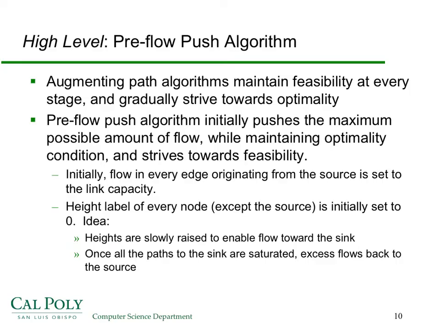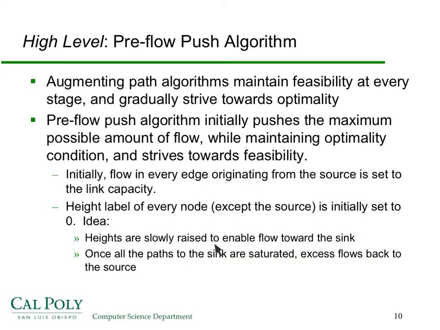Having those edges be full means that essentially you've cut the source off and got all the possible flow you can into the initial vertices, the ones directly linked to the source.